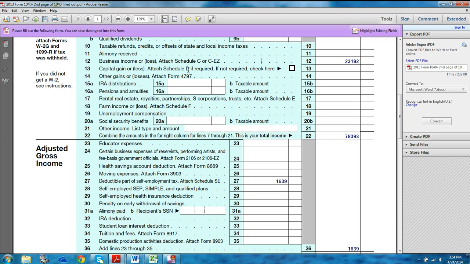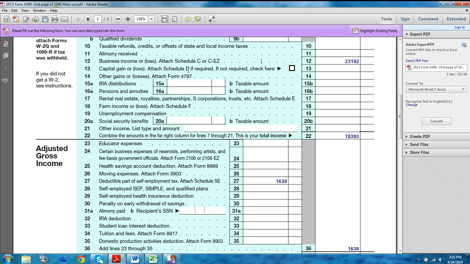That K1 is for a specific shareholder for the S corp, or partner for the partnership, or a beneficiary for the trust. And when that person files his or her income tax return, he or she has to include that K1 on their tax return. So if they include a K1 from a partnership that makes a lot of money, their portion of the income is going to flow through to line 17.